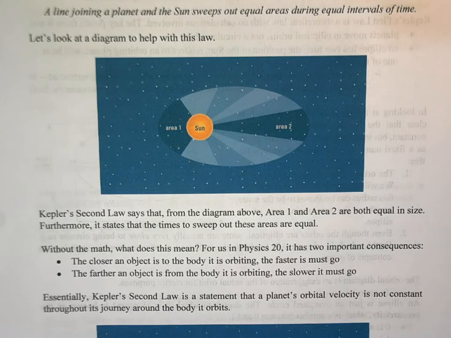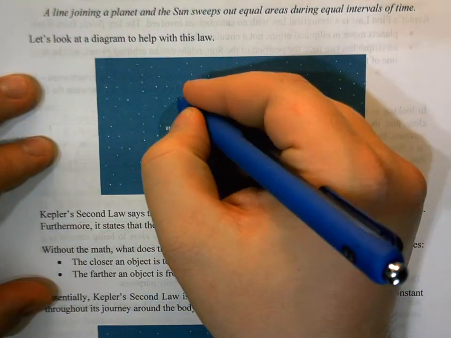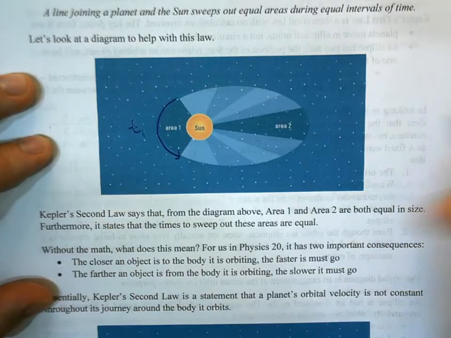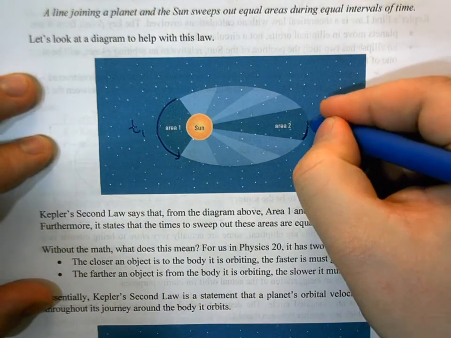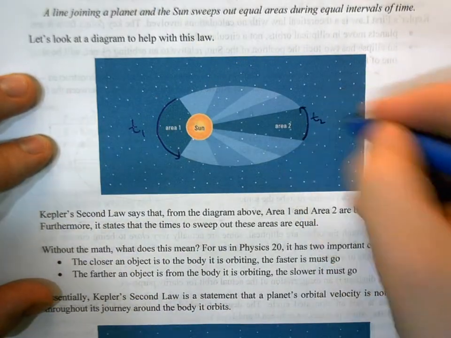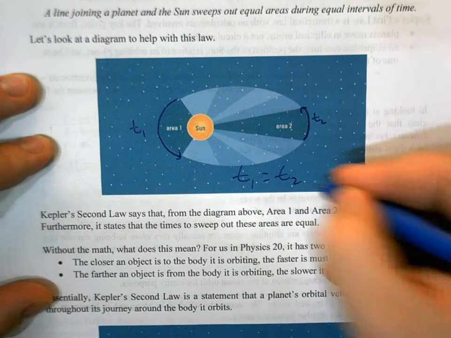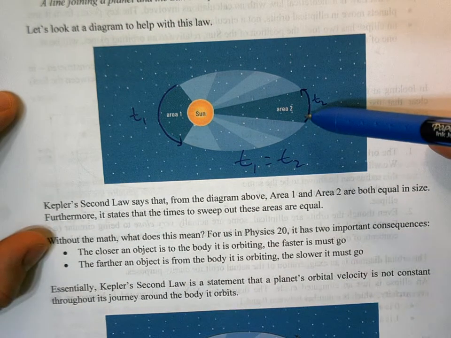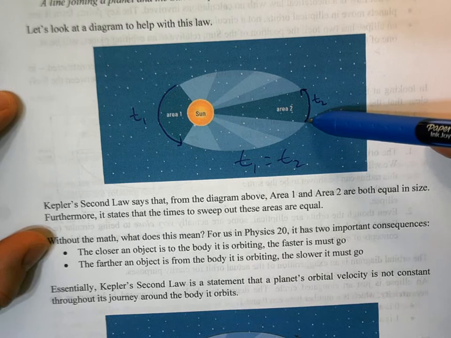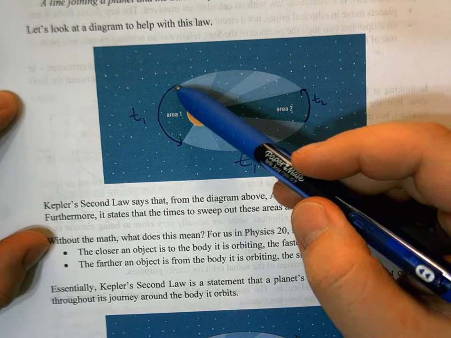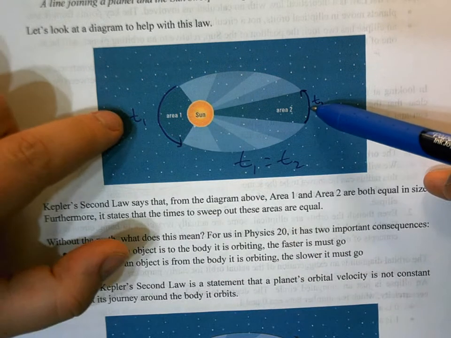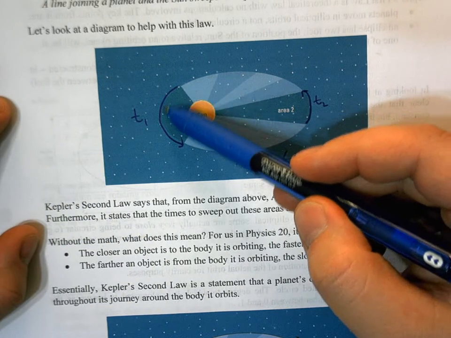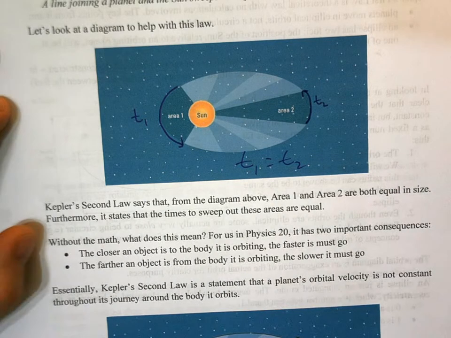What Kepler's second law states is that the time it takes for the first area to be swept out, we'll call it T1, and the time for the second area to be swept out, T2, are equal. So the planet over here has to cover a smaller distance than it does over here. If these are happening in the same amount of time, it means at this point the planet's going faster and it's going slower here.